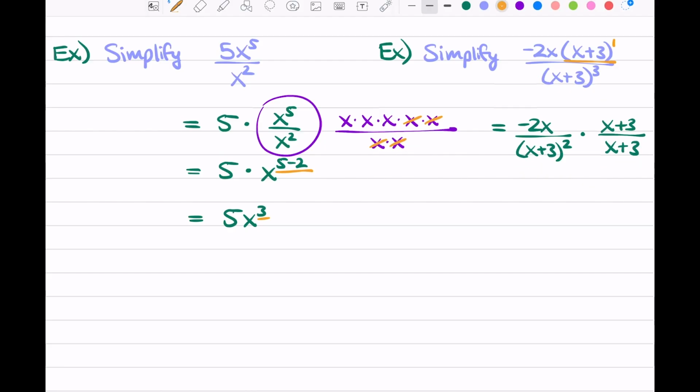However, it's easy to see that one of our x plus 3's is going to cancel. In this case, x is just a number. We're multiplying it 5 times, and we're multiplying it 2 times. Over here, x plus 3 is just a number, and we're multiplying it once, and then on bottom, we're multiplying it 3 times. So it's the same idea. Just think of x plus 3 as a single number. If you do that, you can go straight to the answer.